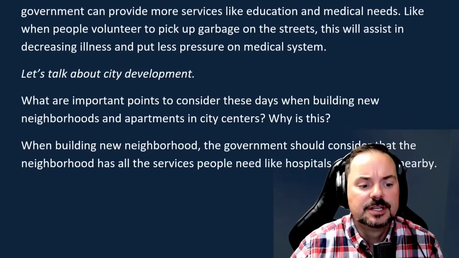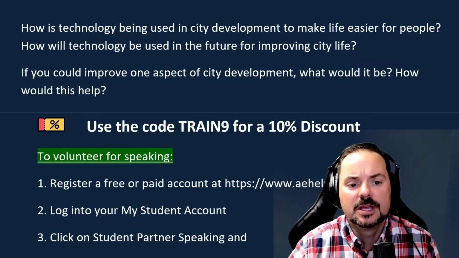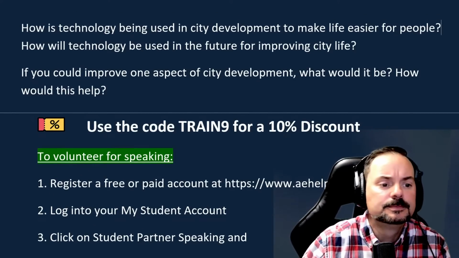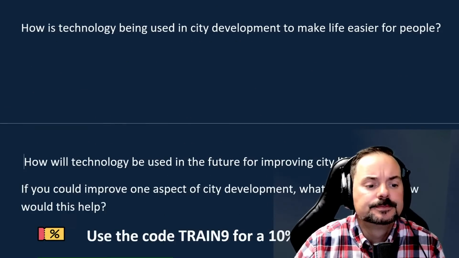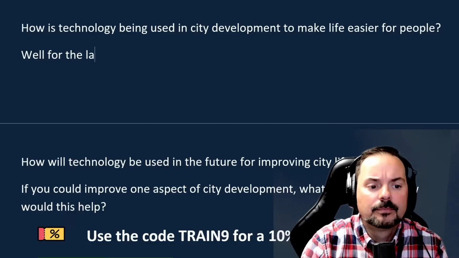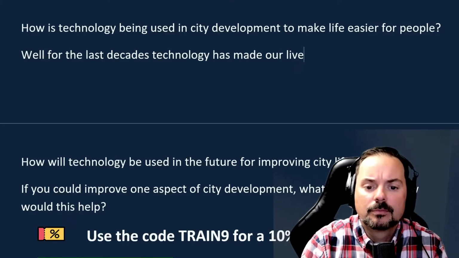Let's talk about city development. How is technology being used in city development to make life easier for people? Well, for the last decades, technology has made our life very easy, especially for commuting in the city from one place to another.